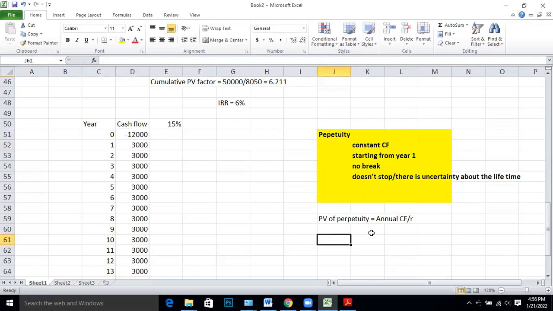So PV of this perpetuity will be the annual cash flow 3,000 divided by R, 0.15. 3,000 divided by 0.15 will be the present value of all these cash flows together.